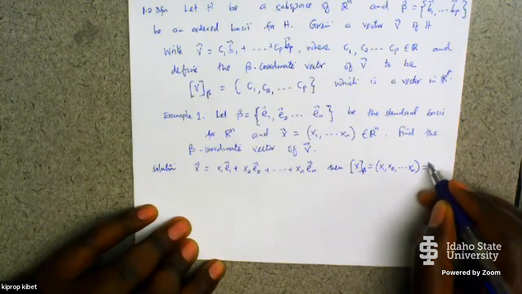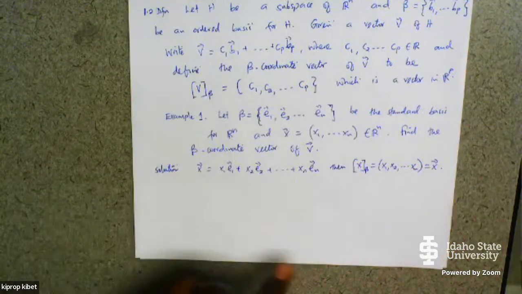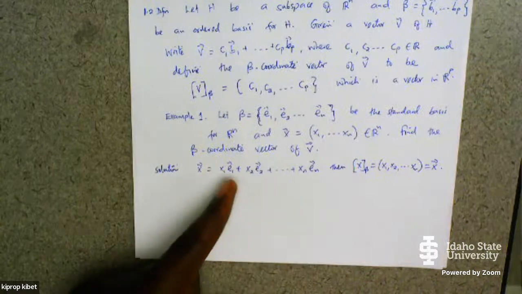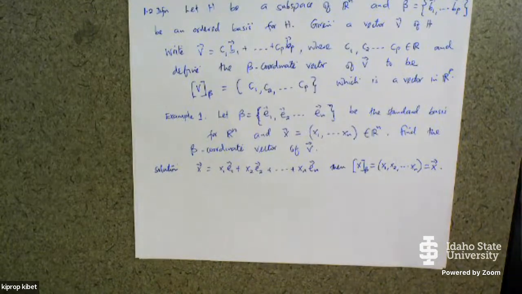This is the same as x. Since these are the standard basis vectors and they are linearly independent, the coefficients are just x1 through xn, which is the same as the vector x. Example number 2.